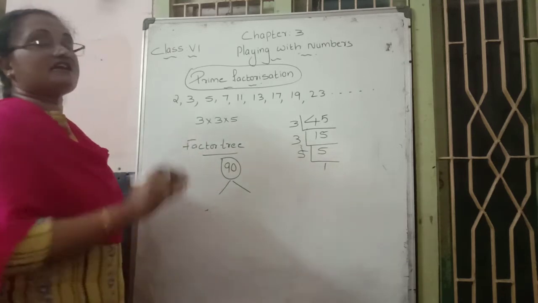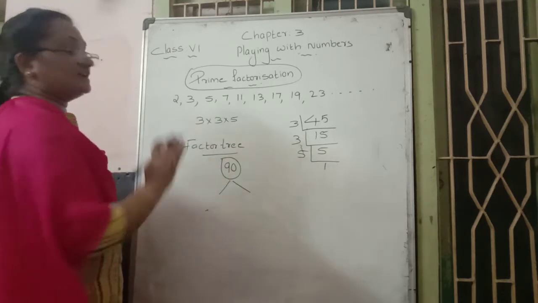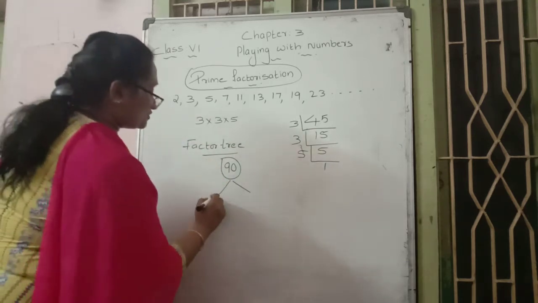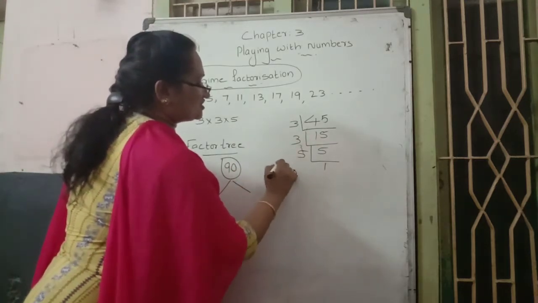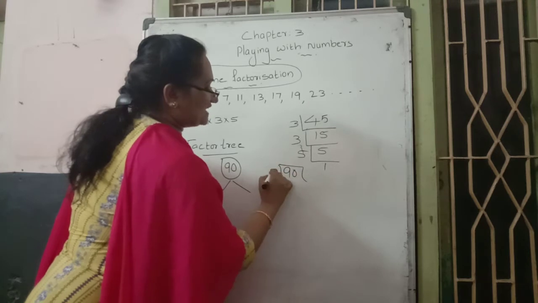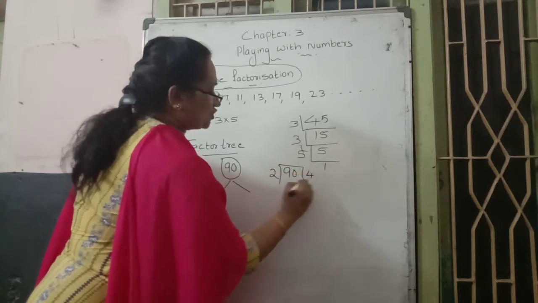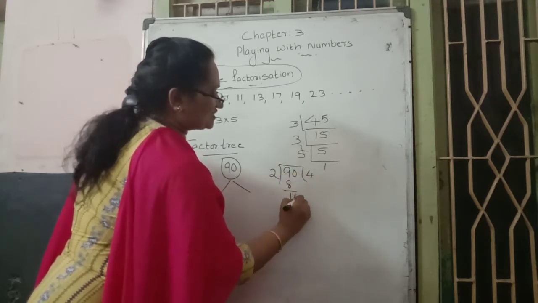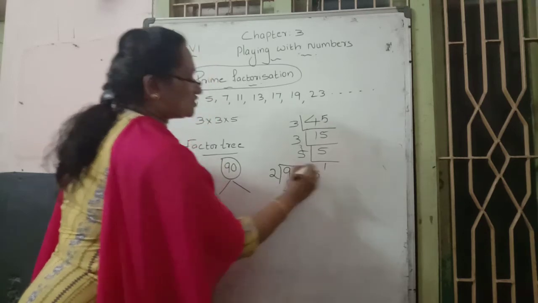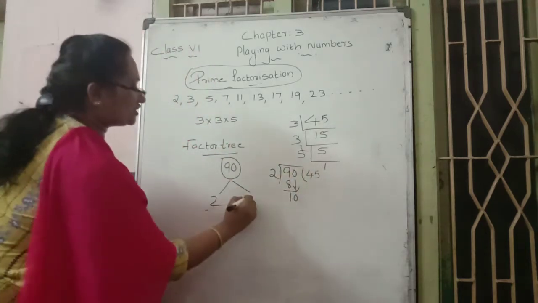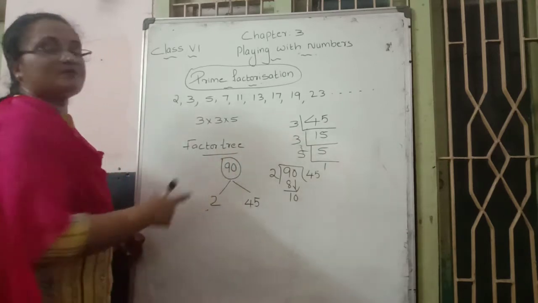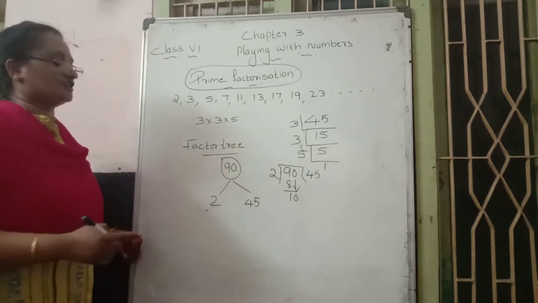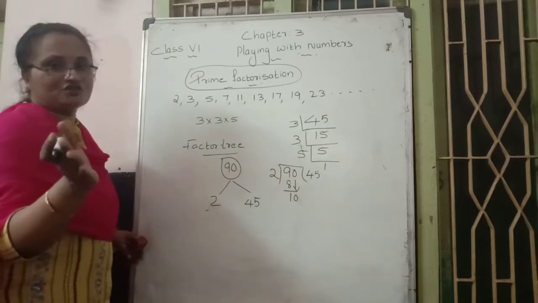Any table you can use. Using 2, a prime number, 90 divided by 2 gives 45, so 2 into 45 becomes 90. These two lines represent the branches of the tree. Again, 2 is a prime number, so we can't divide further.